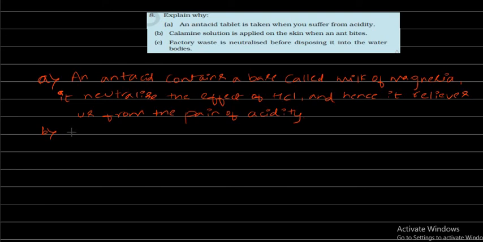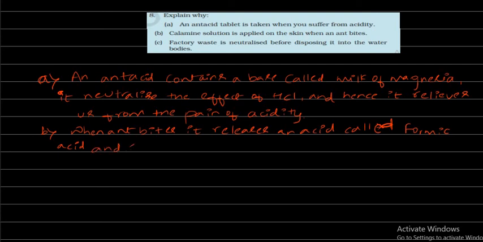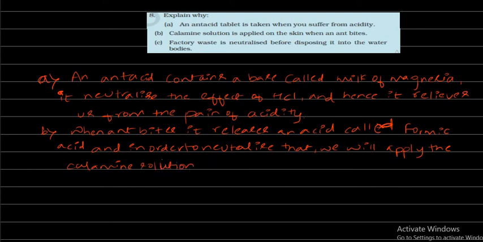Because when an ant bites, it releases an acid called formic acid, and in order to neutralize that, we apply the calamine solution that is rich in base.